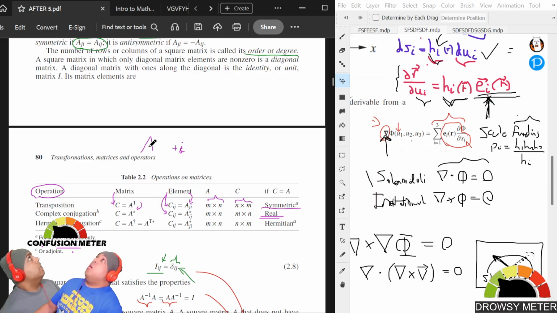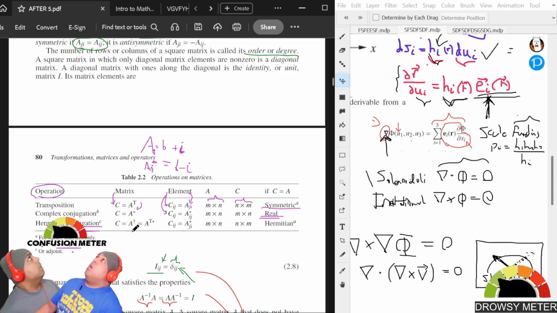So if Aij equals B plus i, I assume Aij conjugate equals B minus i. Hermitian conjugation.